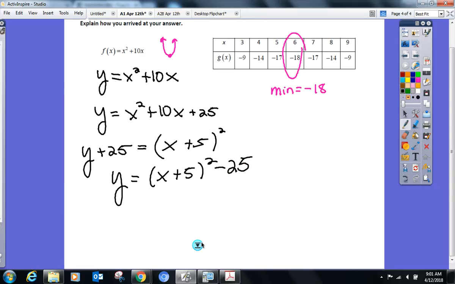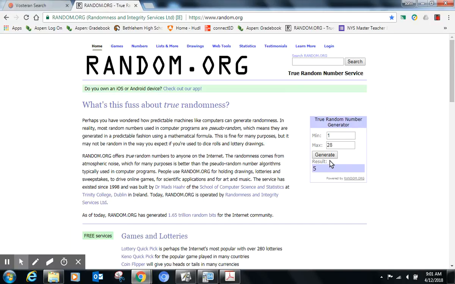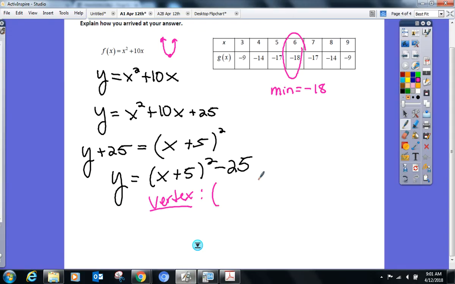Okay, what's the vertex now, or the turning point of this one then? What's the vertex or the turning point of this one? What do you got for me? That's the x coordinate.